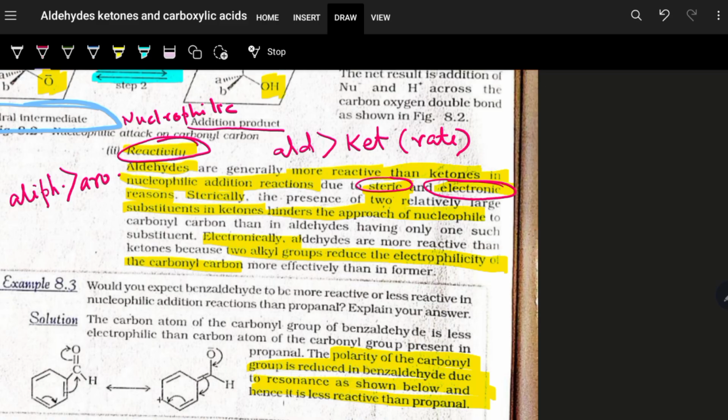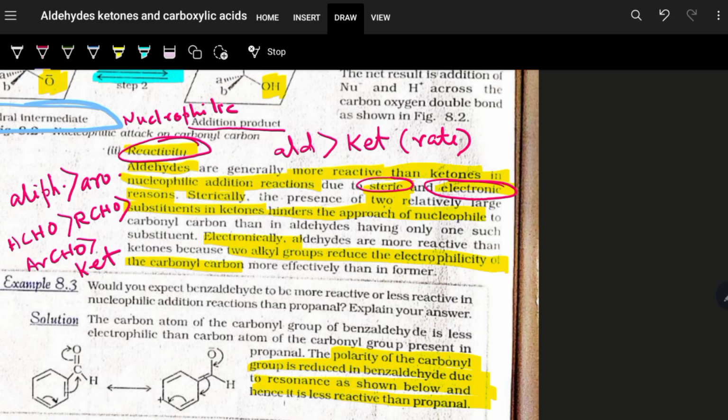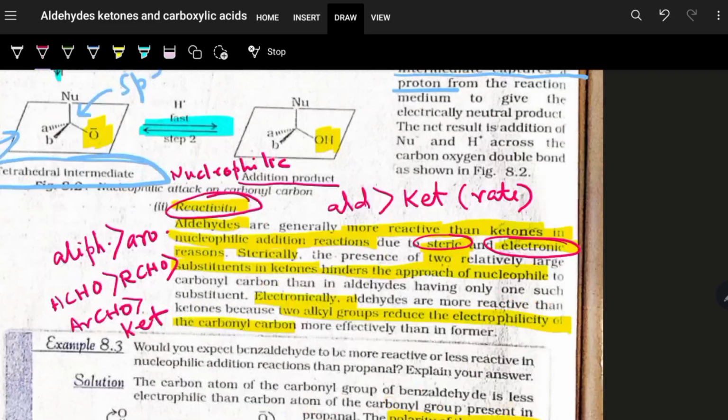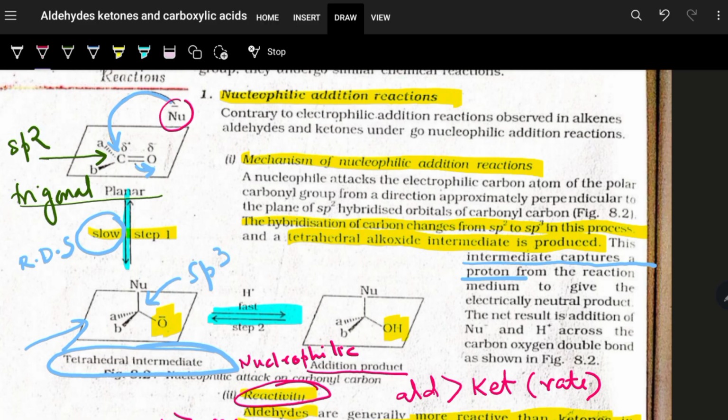So HCHO is more reactive than RCHO, which is more reactive than ArCHO, than ketones. This is the order we discussed a few minutes back. And why is it so? Because as we move from HCHO to RCHO, to ArCHO, that is benzaldehyde, and to ketones, the steric factor increases, crowdedness increases, and it hinders the nucleophilic attack over the delta positive carbon.